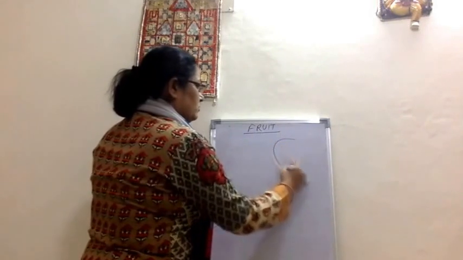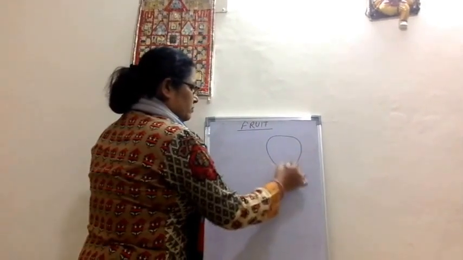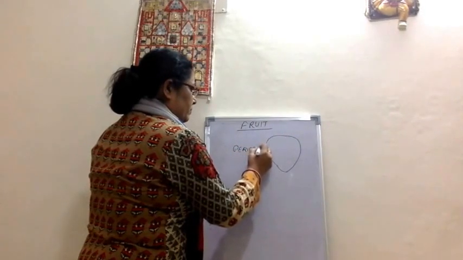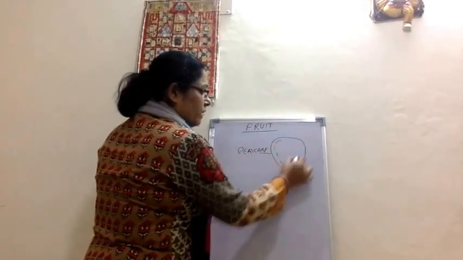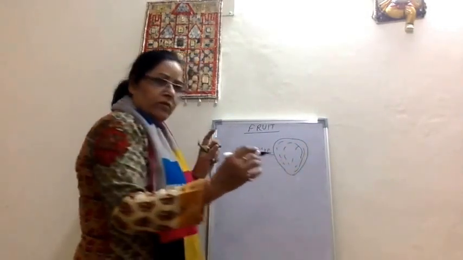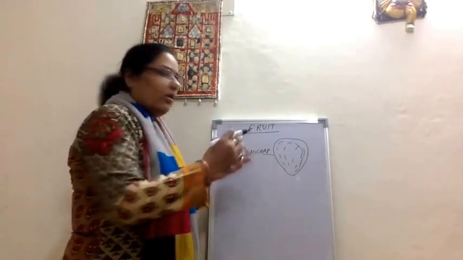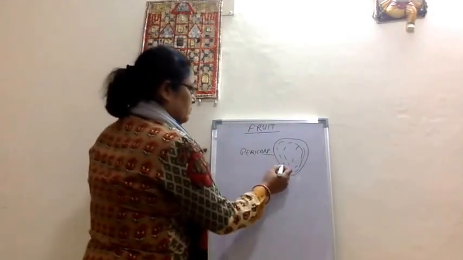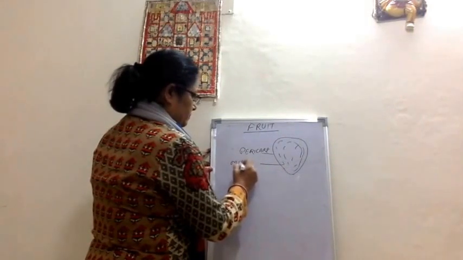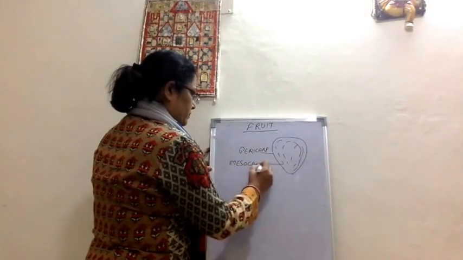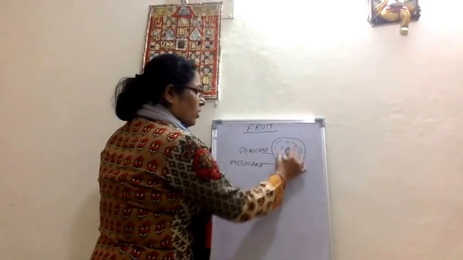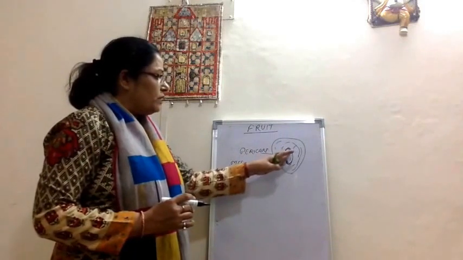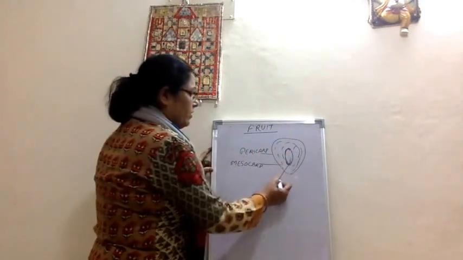Outer is pericarp. The middle fleshy one, like in mango, the fleshy or juicy part, is called mesocarp. And the inner stony or hard part, which is the seed covering of mango, is called endocarp.